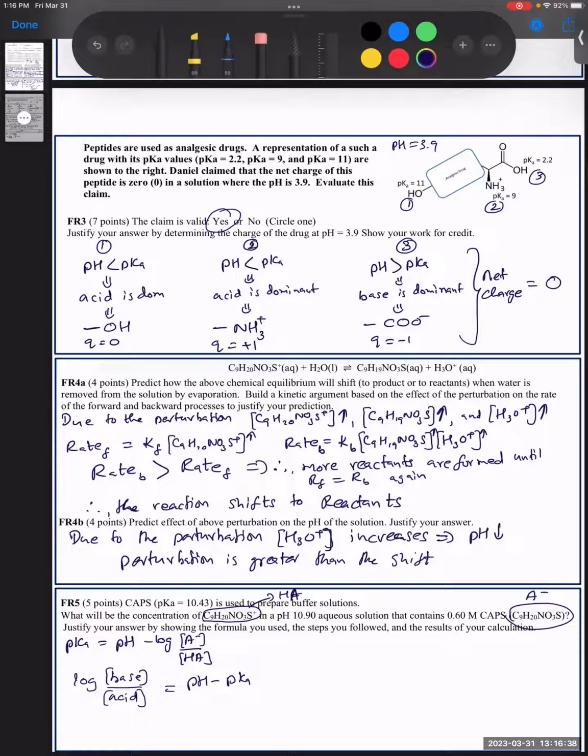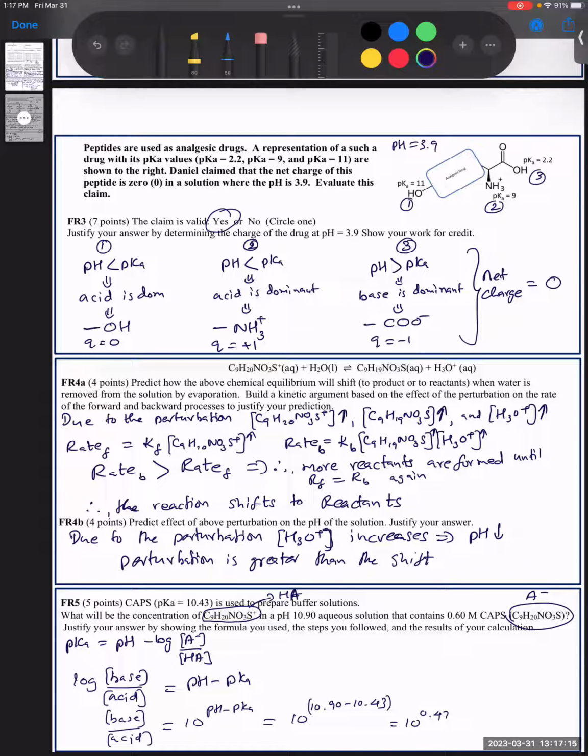And therefore, base concentration over acid concentration is 10 to the power of pH minus pKa, which is 10 to the power of 10.90 minus 10.43. Okay, and that is equal to 10 to the power of 0.47.